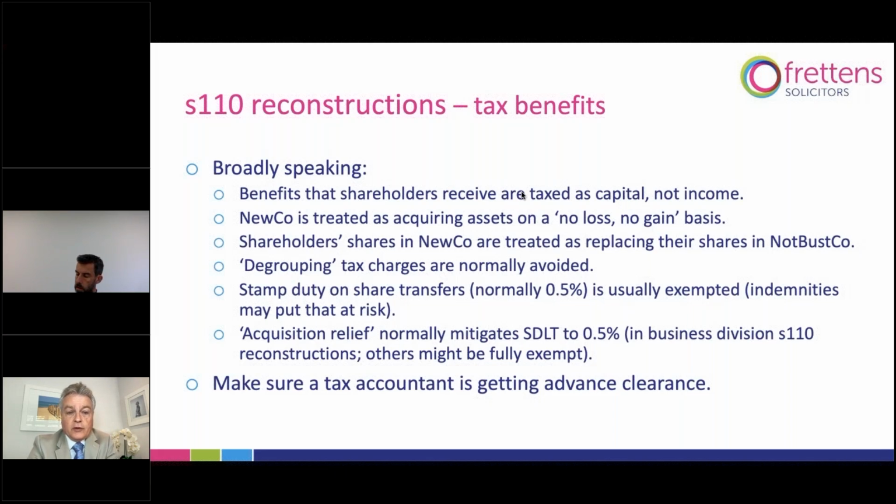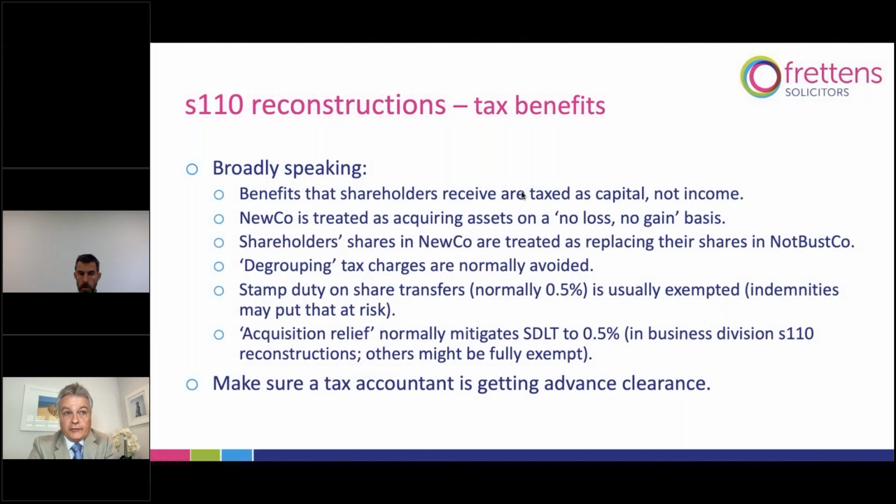And the new company is very often going to be able to claim acquisition relief, which will not eliminate stamp duty land tax, but will mitigate it down to 0.5%. You can't always get that, but when you can, it can be a huge saving.